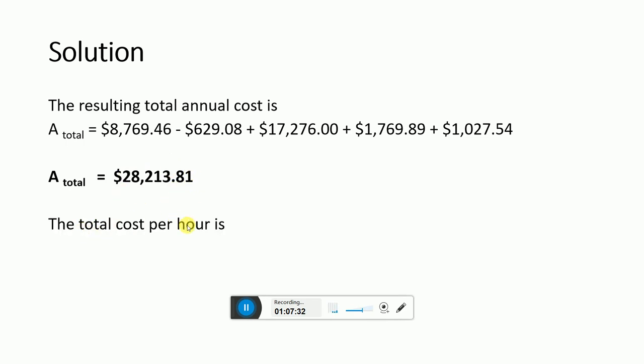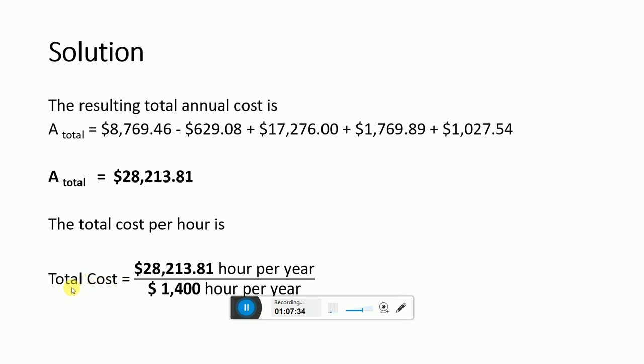So the total cost per hour we can calculate is 2821.3.81 dollars per year divided by 1400 hours per year. So the total cost comes out to be $20.153 per hour. This is the total cost per hour which is required in this case.